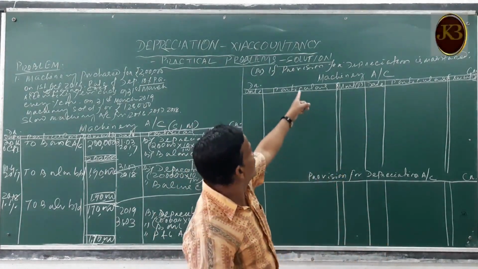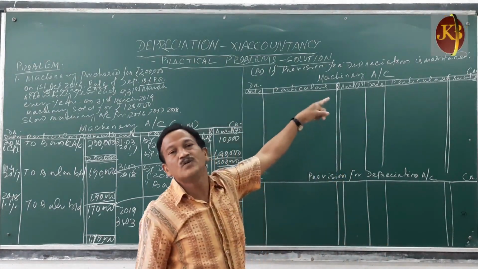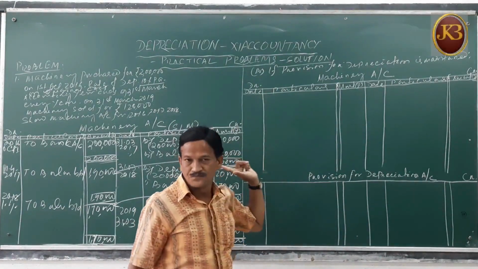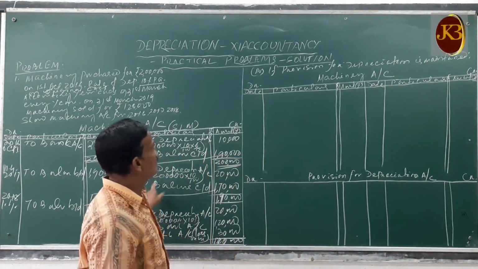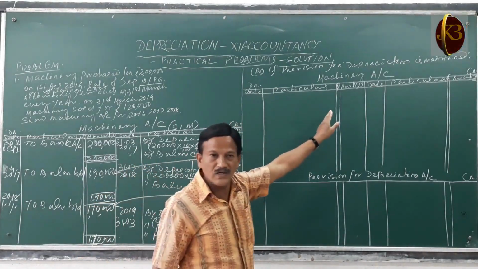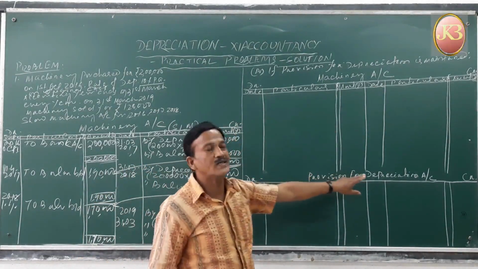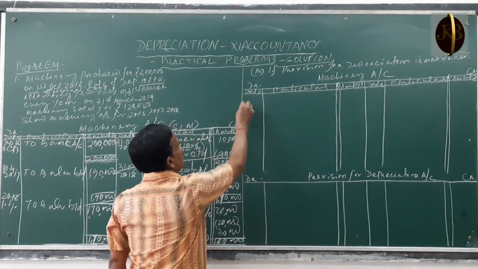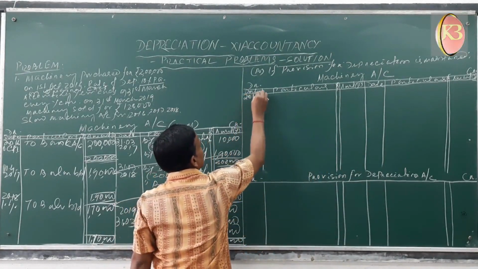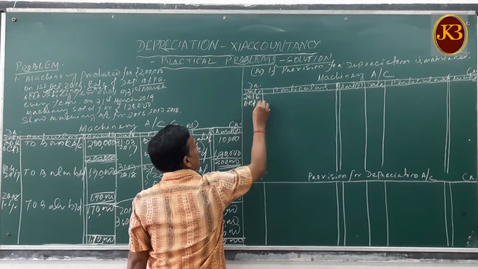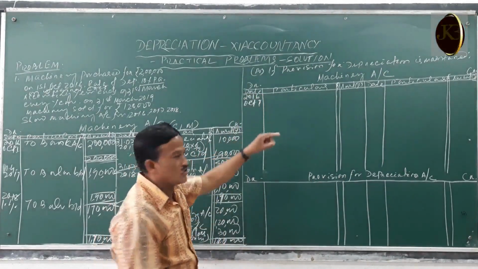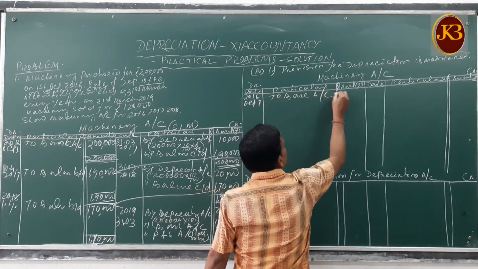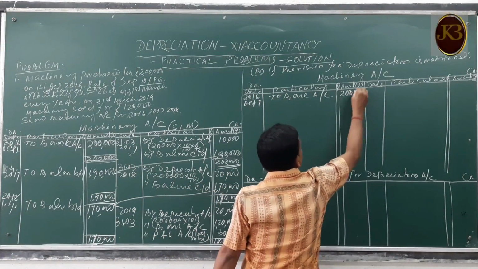Then let's come to the second method. If a provision for depreciation is maintained, how will we show it? You prepare the same machinery account, and another account, the provision for depreciation account. On 1st October 2016, machinery is purchased, to bank account, 2 lakh rupees.